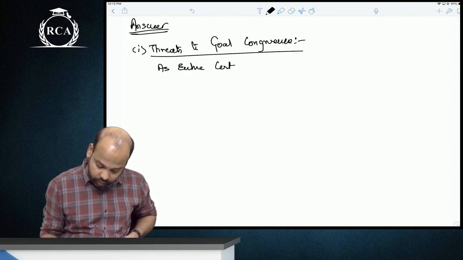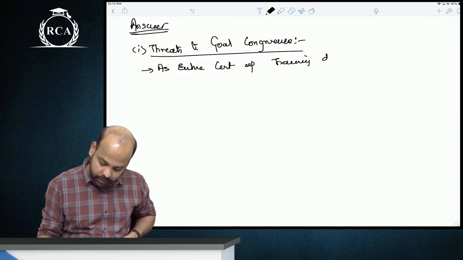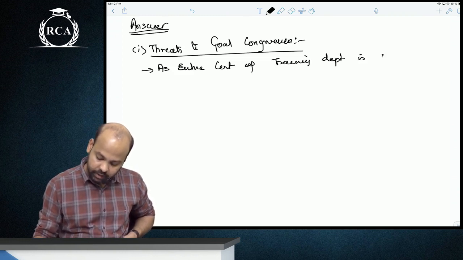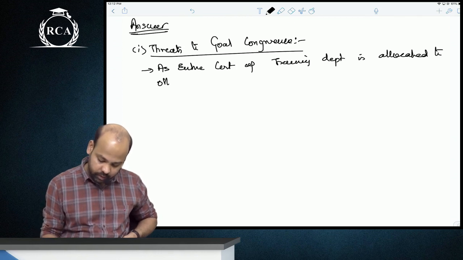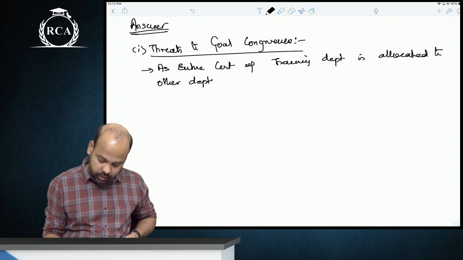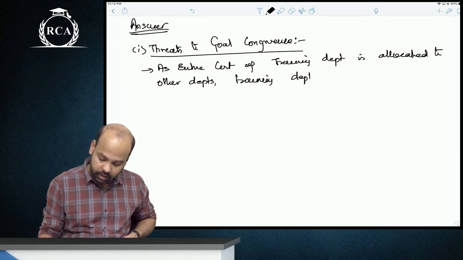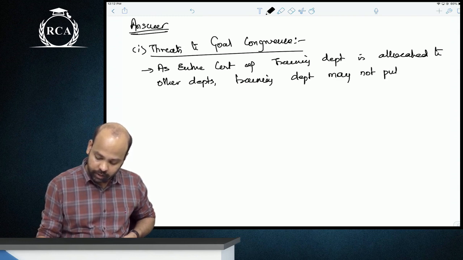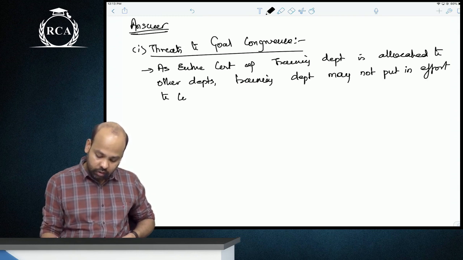As the entire cost of the training department is allocated to other departments, the training department might not control cost. The training department may not put in effort to control cost. What is it to them? He will simply say, okay, there's a cost overrun.